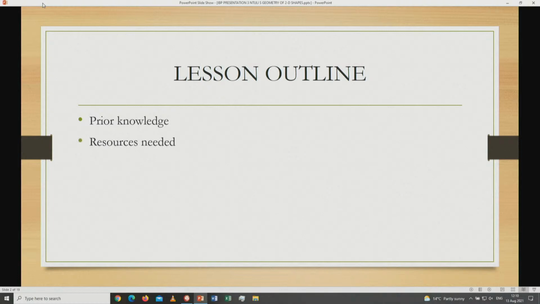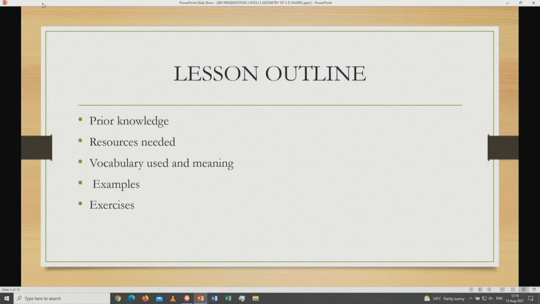And then we need to know what resources, what things we must have so that we can complete this part successfully. We also have to familiarize ourselves with the vocabulary and the meaning that is used. And then we're going to touch on the examples. And then we're going to do exercises together.